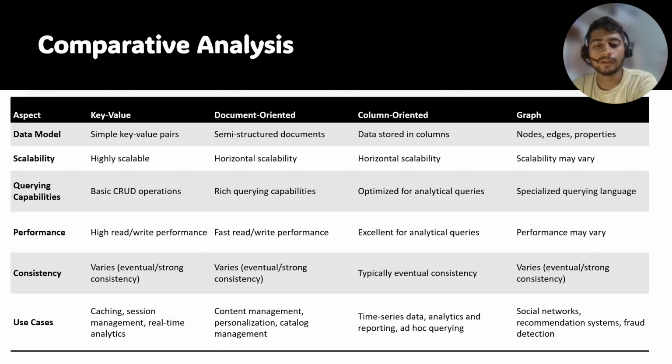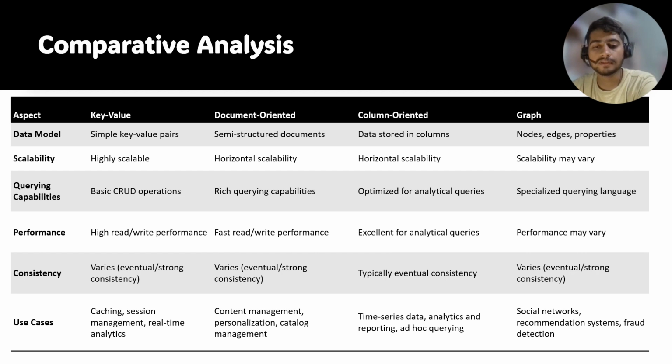The querying capabilities of key value databases include basic CRUD operations, which are create, read, update, delete operations. In document oriented, it has rich querying capabilities, column oriented is optimized for analytical queries, and in graph, a specialized querying language.